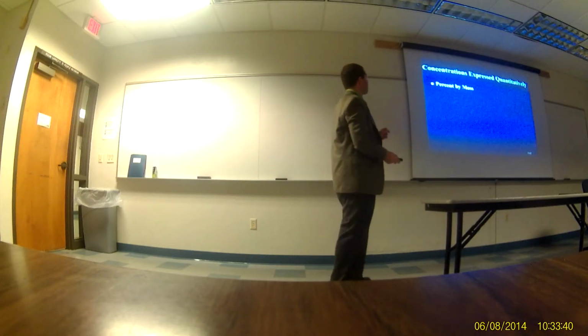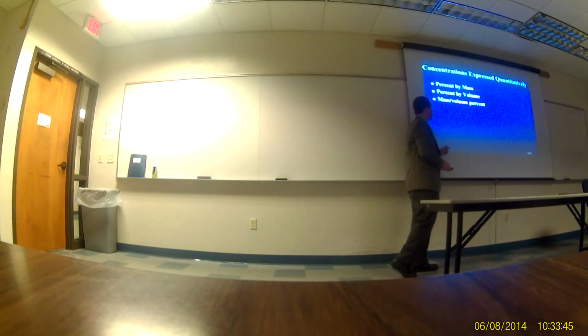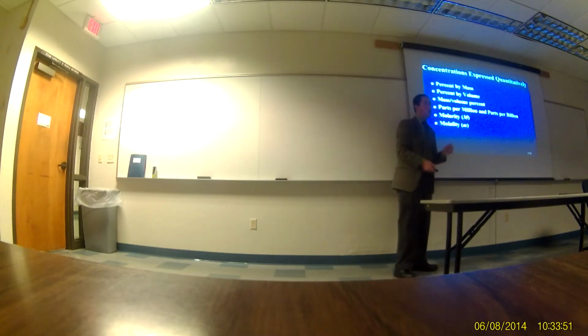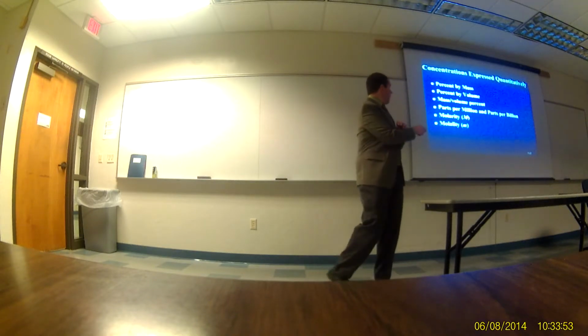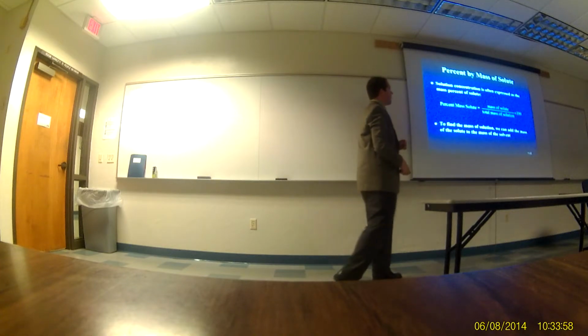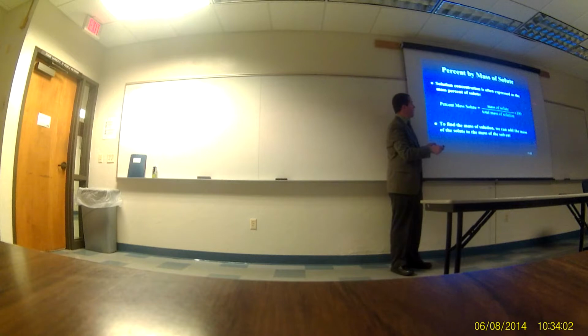Okay? So we have percent by mass, percent by volume, mass per volume, parts per million, parts per billion, molarity, and then molality. So that is our big one. Percent by mass of solute is really easy. It is mass of solute divided by mass of solution.